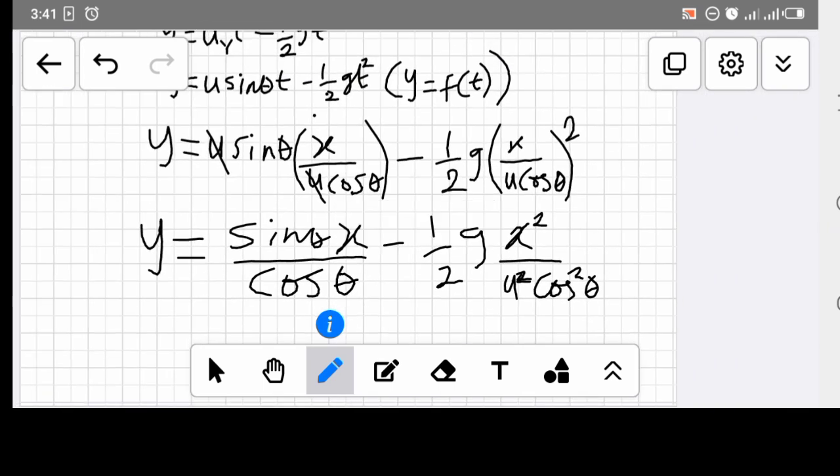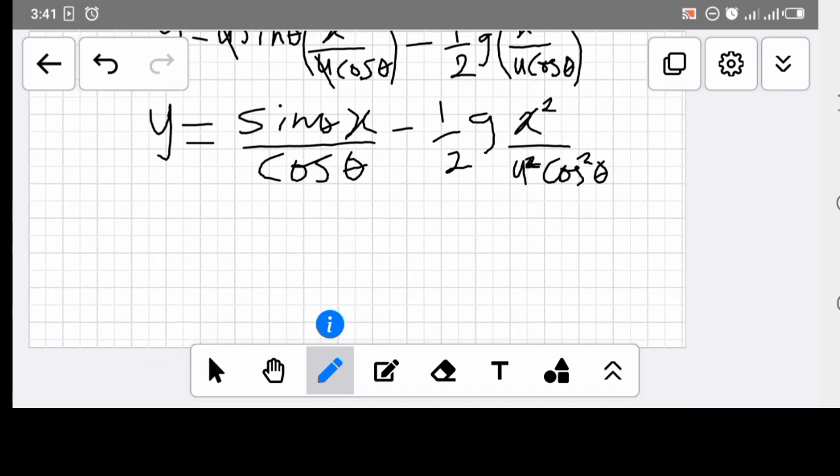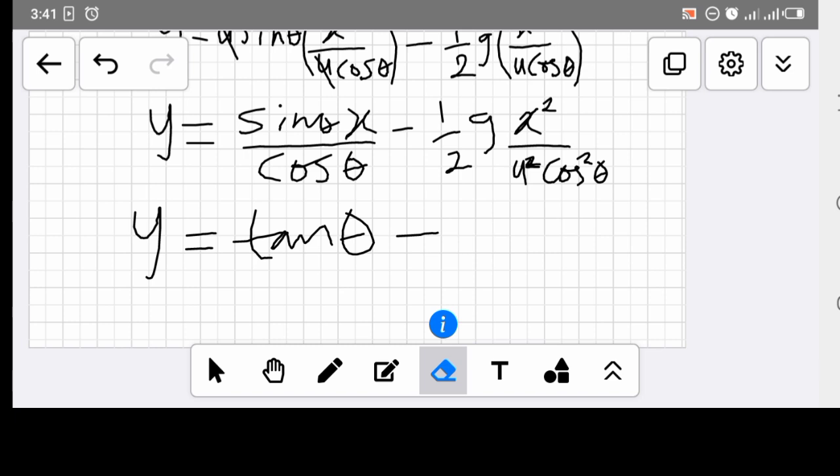So what next is we have sine theta over cos theta here, which is tan theta. So y equals tan theta minus, then I can write this as x squared, or probably I could write this as 1 over 2g.